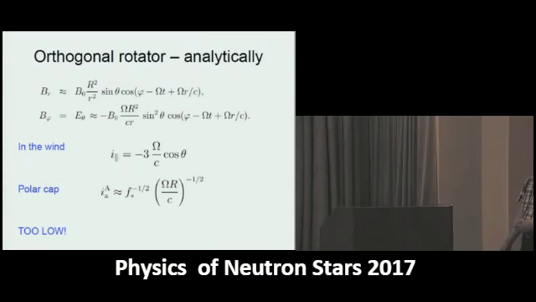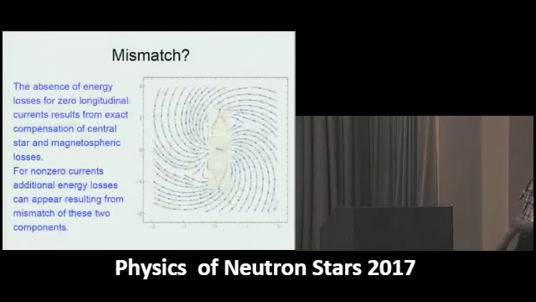for current losses. Another possibility is mismatch, because remember that the absence of energy losses for zero longitudinal current, we explain by exact compensation of the magnetodipole radiation of the central star and magnetospheric losses.